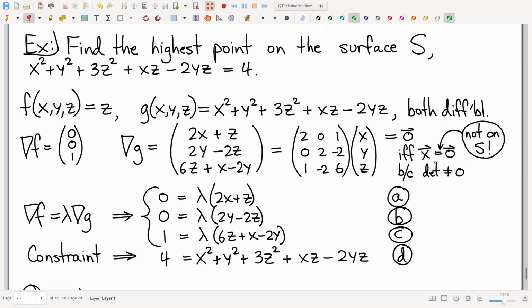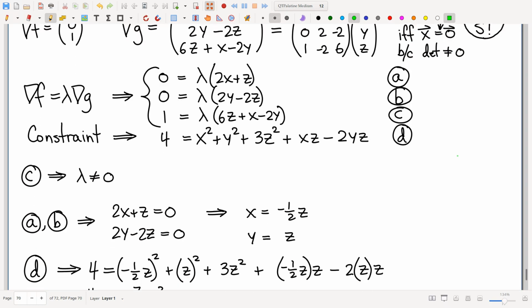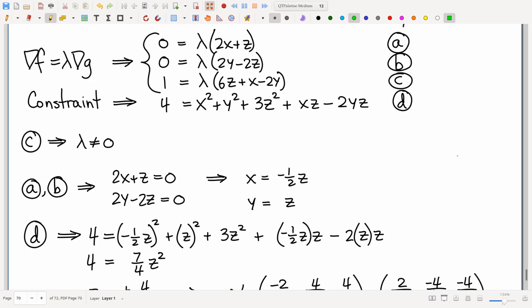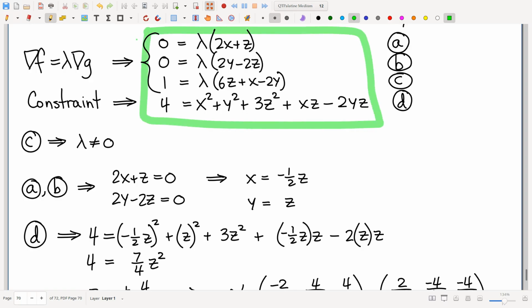The other thing that I want to point out is that this algebra that results is sometimes kind of hairy, right? Here's the 4 equations with 4 unknowns that you get when you write down the gradient equation and the constraint. And this is what we have to solve.